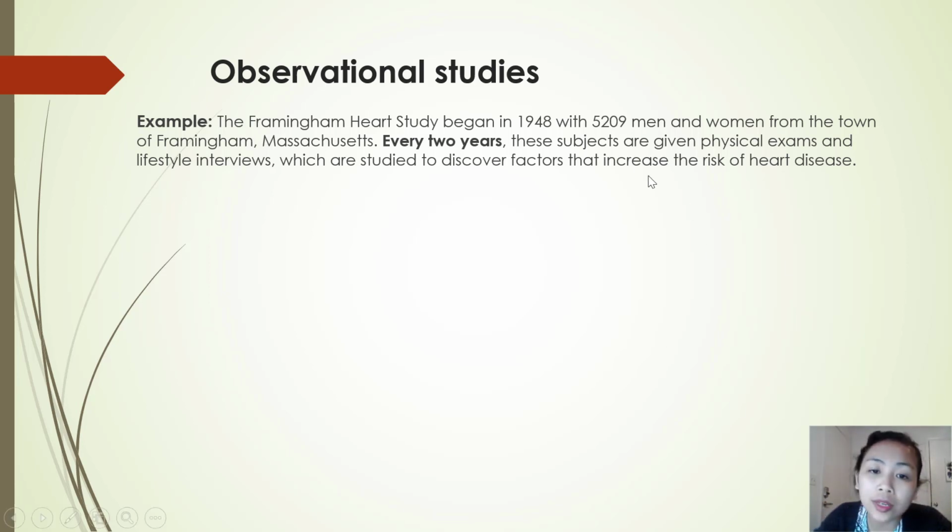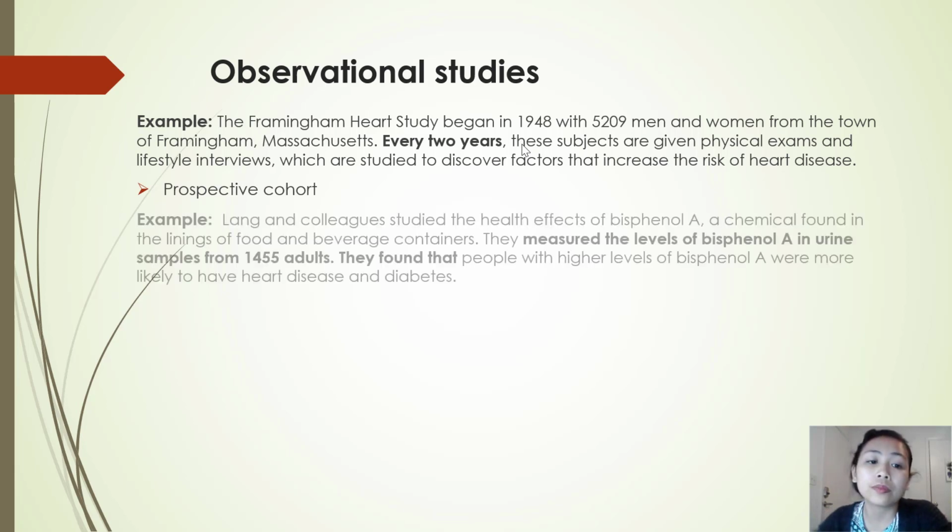You see the key phrase here is every 2 years, so it's repeated over time. This year they give them a physical exam to compare, then 2 years later they conduct another exam, and another 2 years later another exam. So the result is conducted over time. This is a prospective cohort because the outcome was recorded over time.